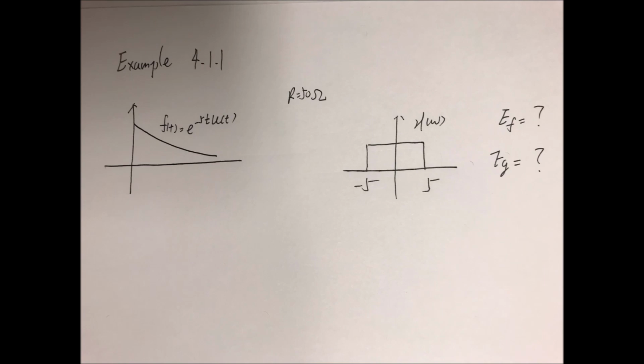Okay, this is my input, right? e^(-5t) u(t). So we know it's decreasing, and because of u(t), we only have signal from 0 to infinity. So this is the input. Now my system.